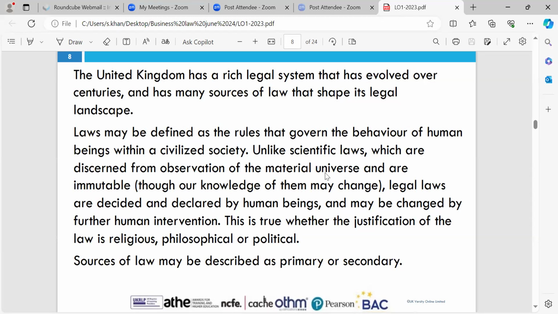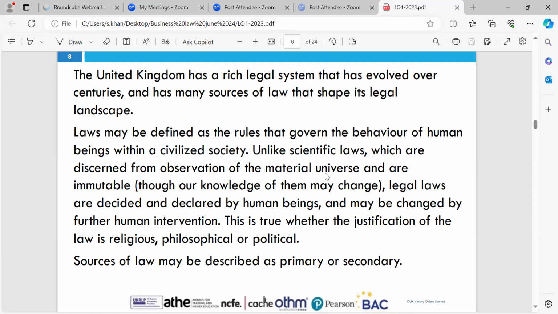So if we look at the forms of legislation, the sources of UK law, we've got legislation, common law, again, EU convention, international laws. The UK system has a range of sources that play a vital role in shaping the legal development of the UK system.